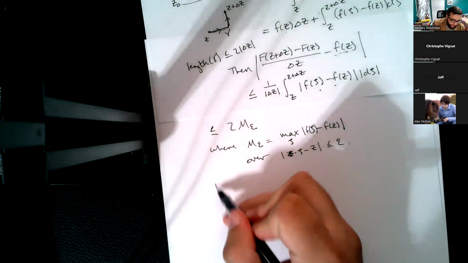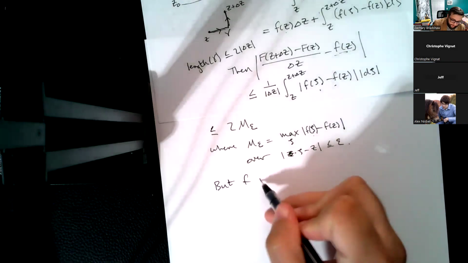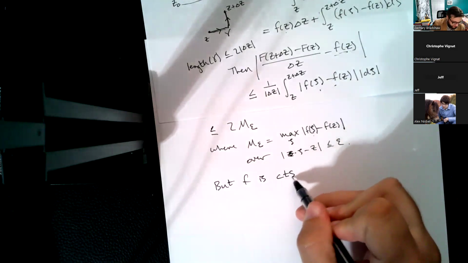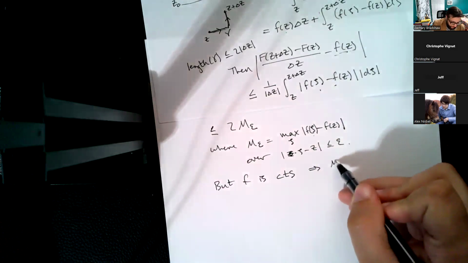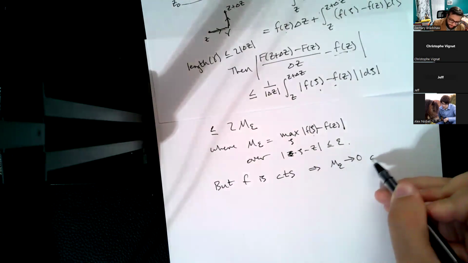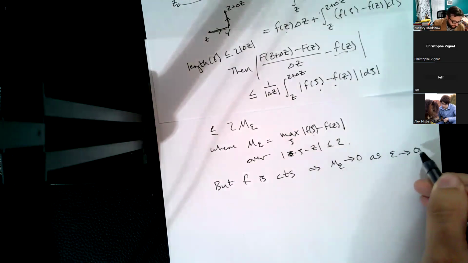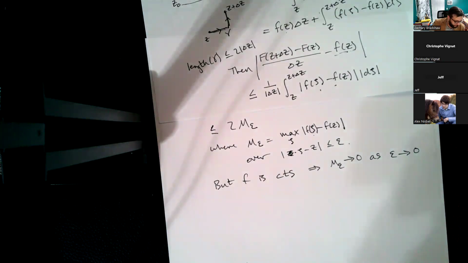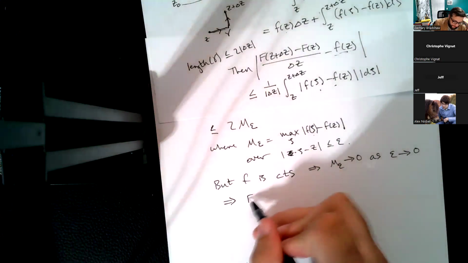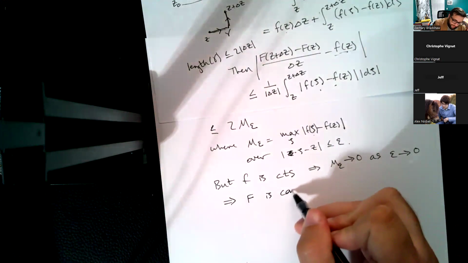All right, but f is continuous, and so m epsilon is going to go to 0 as epsilon goes to 0. And this tells us that capital F is complex differentiable.